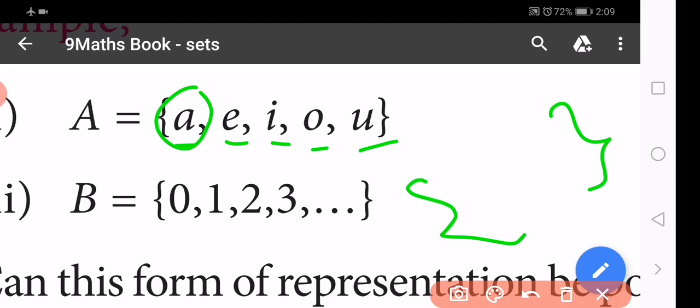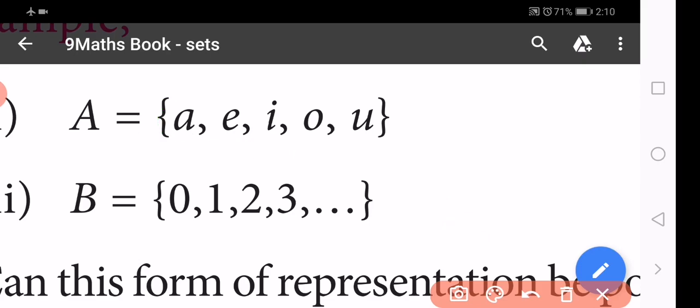But our strength is 100 students. So, if we use each element within the roster form only once, that means the elements in a set should not be repeated. The elements in a set should not be repeated. Do you understand? Okay.